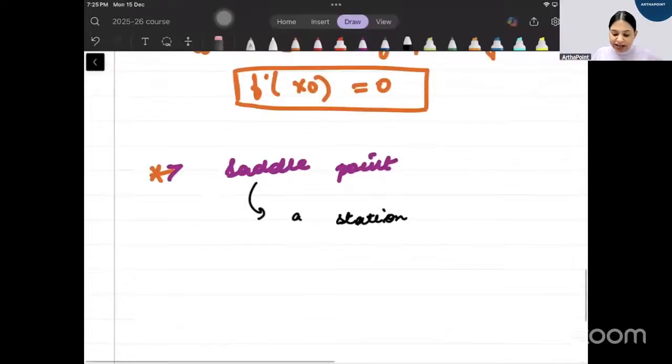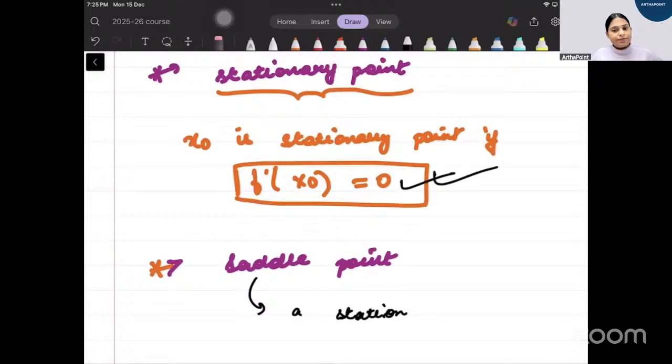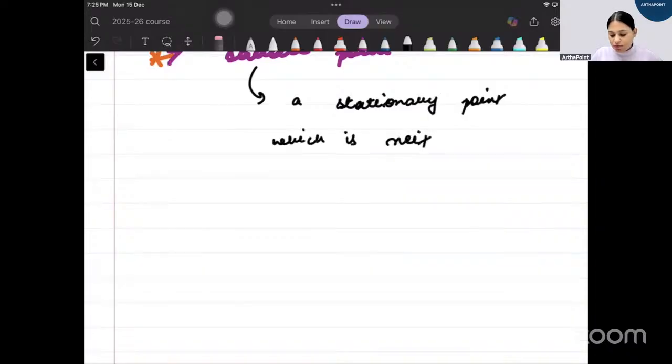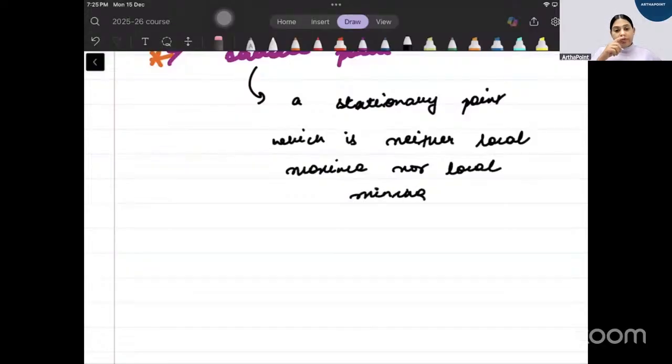That means the first order derivative is equal to 0, but it is neither local maxima nor local minima. If that happens, then that becomes your saddle point.